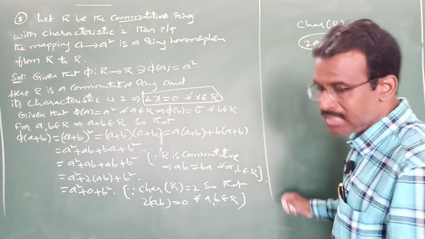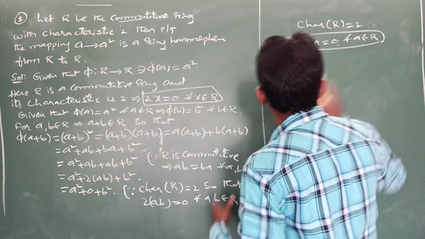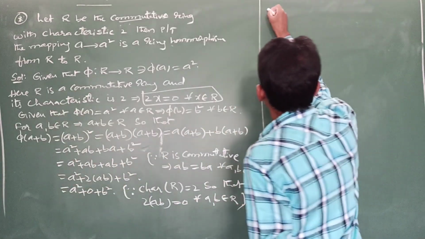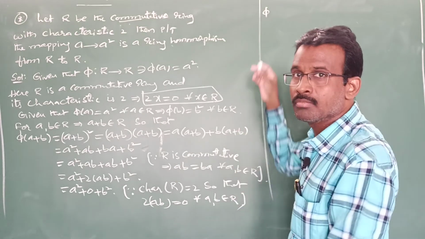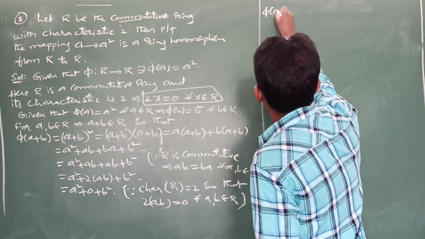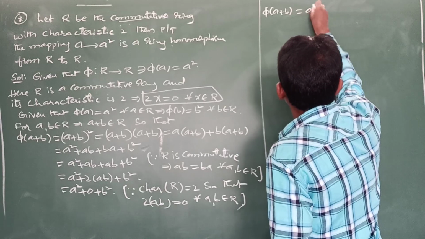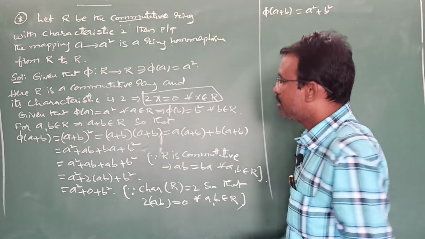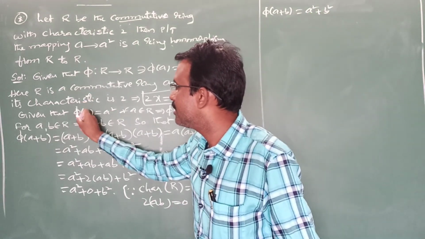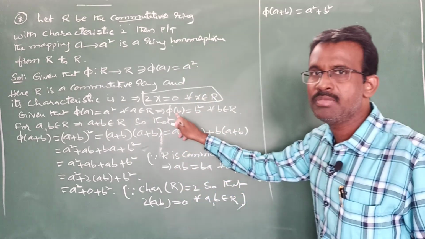Then at last what did you get here? We got phi of A plus B is equal to A square plus B square. But you know what is A square? It is phi of A, and what is B square? Phi of B. Use them.